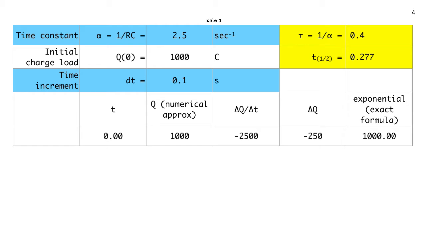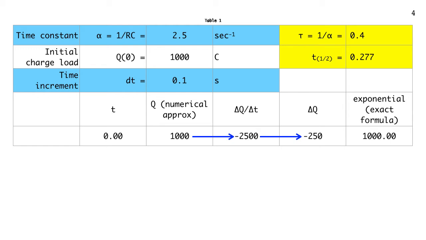And what we're going to do is use a negative alpha to represent discharge. So delta Q over delta T is negative 2,500. That's basically 1,000 times negative 2.5. Now when we get that, we multiply by dt, 0.1 second, and that tells me how much charge I lose in the first tenth of a second: negative 250 coulombs.